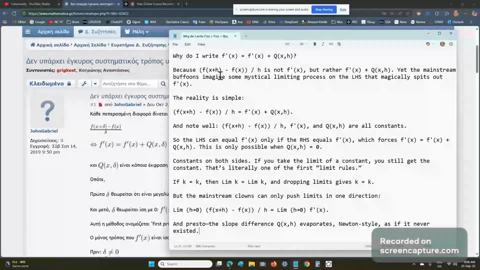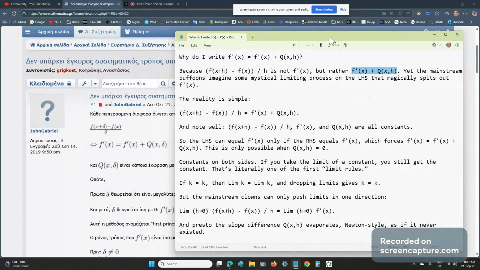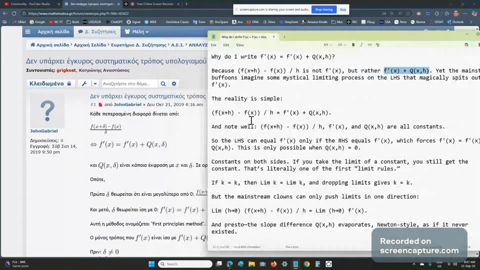Because this difference quotient is not f prime of x, but rather it's equal to f prime of x plus q of x h, which is the arithmetic mean of all the ordinates of f prime of x. Yet the mainstream buffoons imagine some mystical limiting process on the left hand side that magically spits out f prime of x. So the reality is simple.